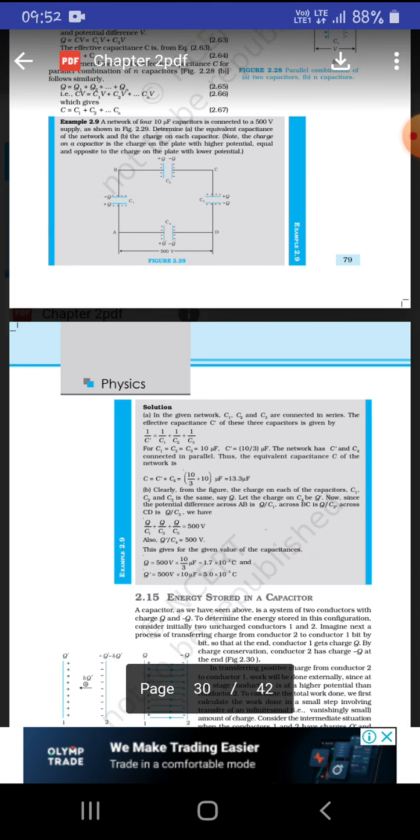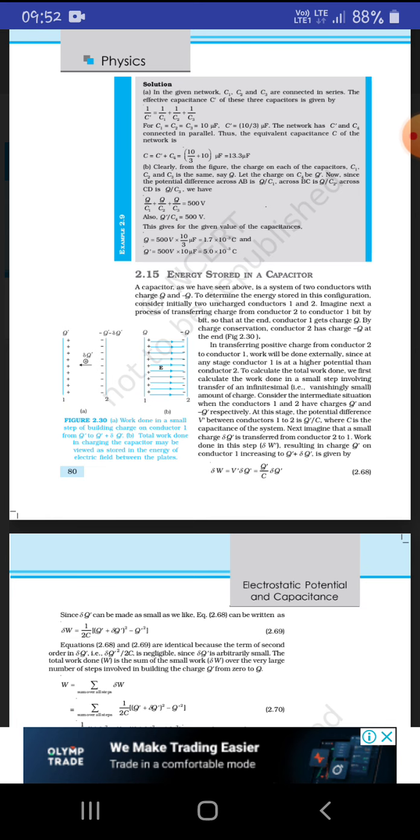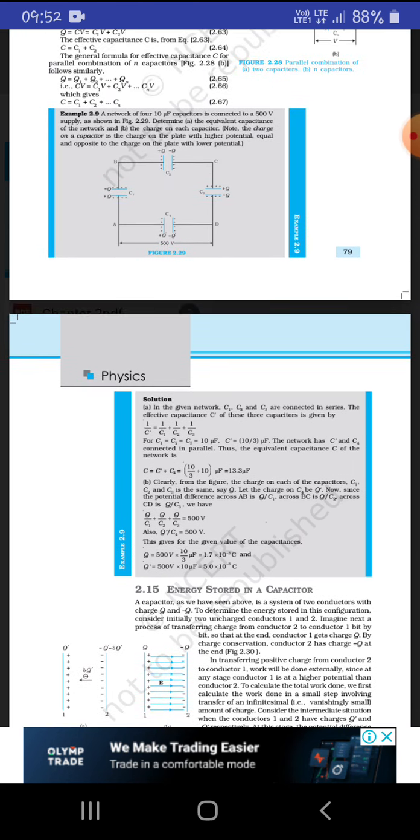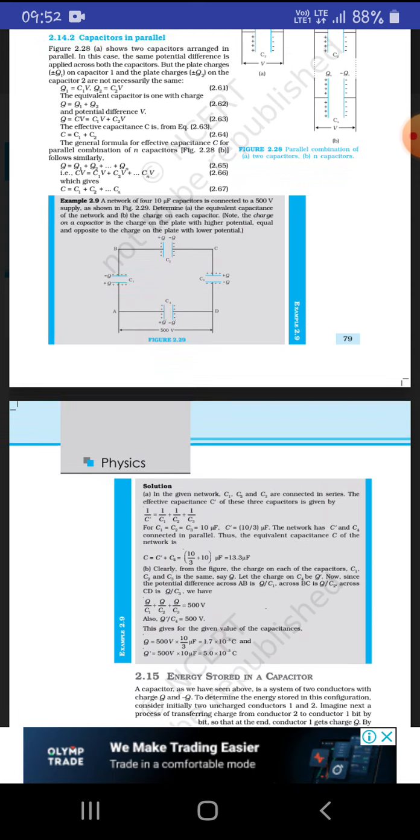See here the question they have given, with a voltage of 500 volts. When you solve this we get 5 into 10 to the power minus 13 farad. Here you can see it is in series, not parallel.